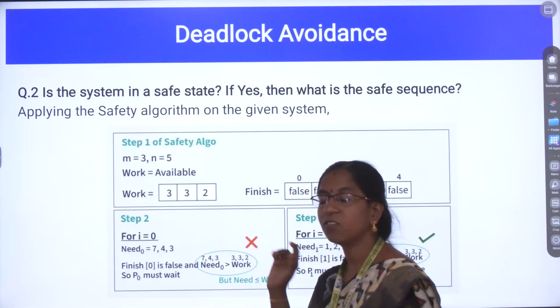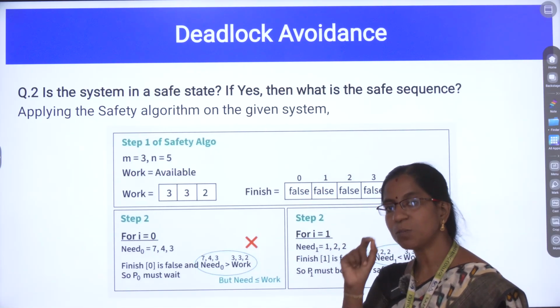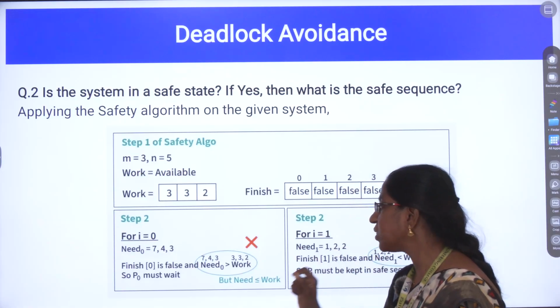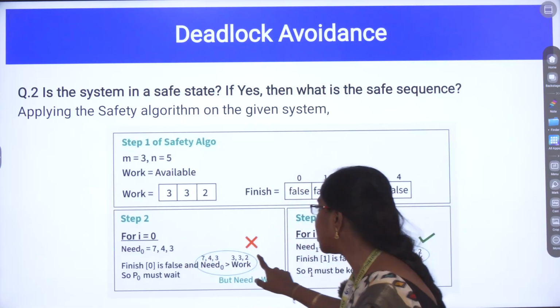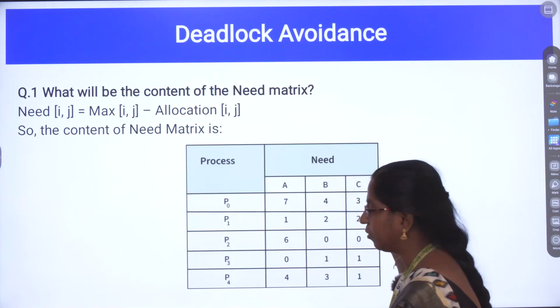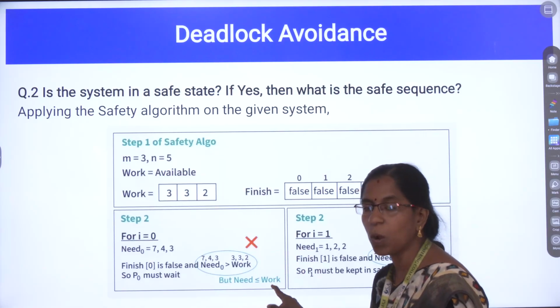Then the second step: for i equal to 0, the first iteration, means process P0. For process P0 we take need, which is 7 4 3. The condition must be need less than or equal to work.